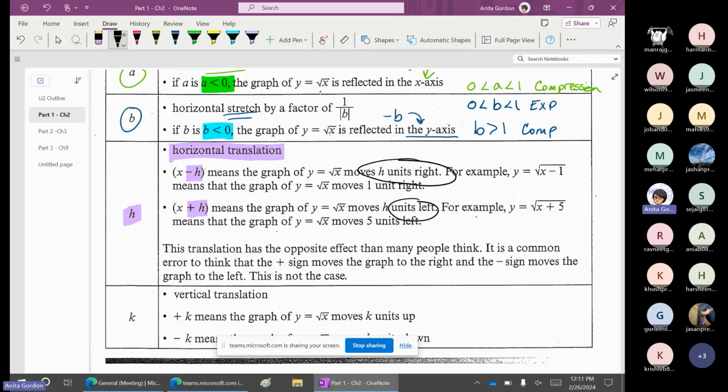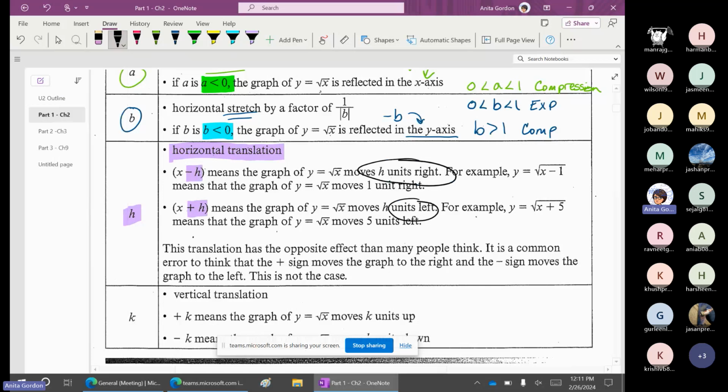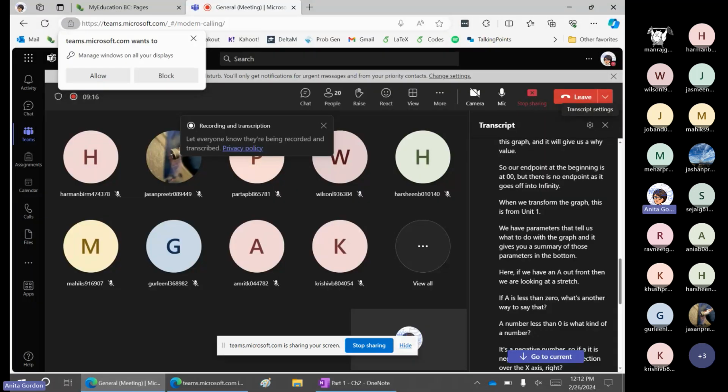Now, one of the things that we're going to ask in the next example here is if we have something like x plus 3. That tells me that the H is negative 3. Right? Because when I put it into the base function it says x minus h.